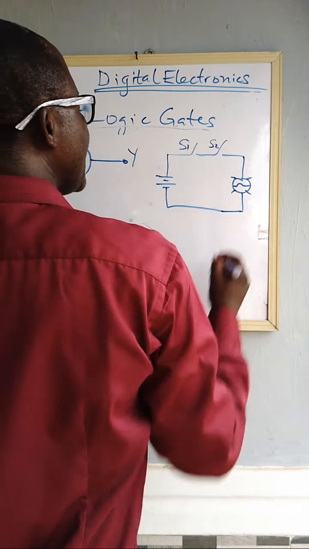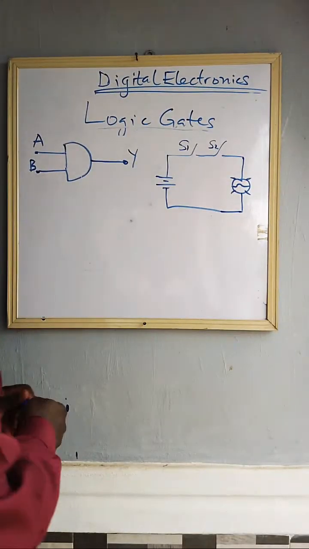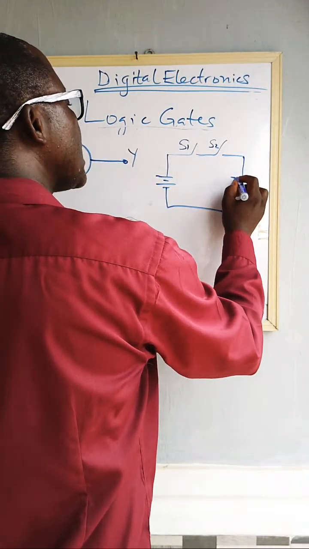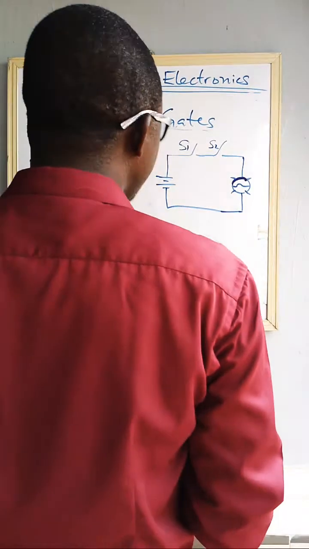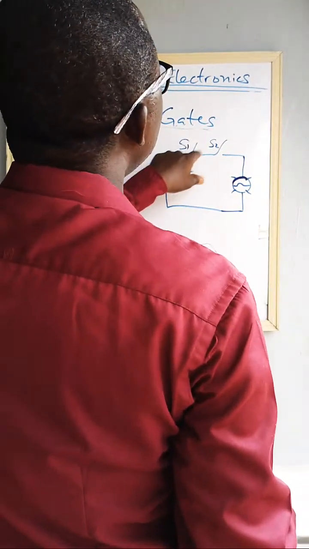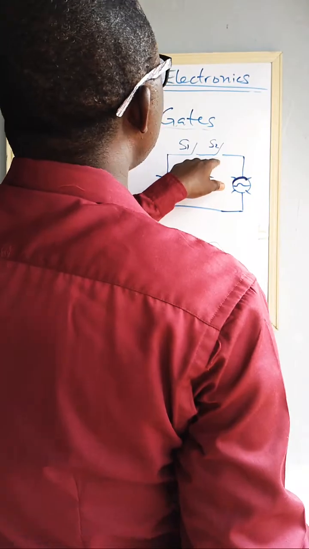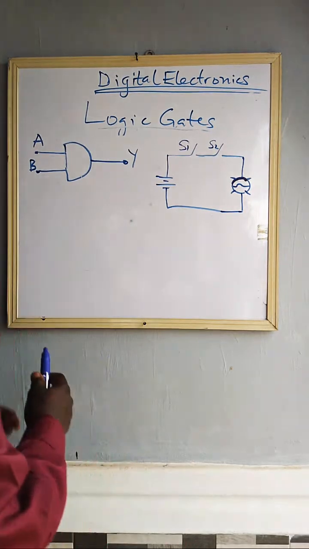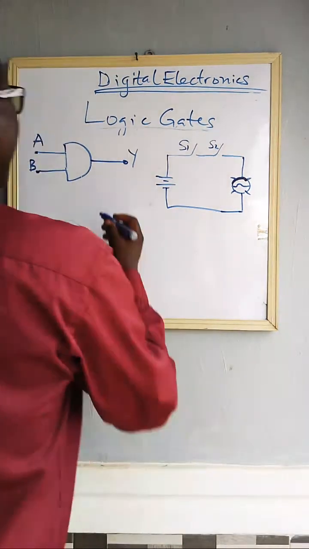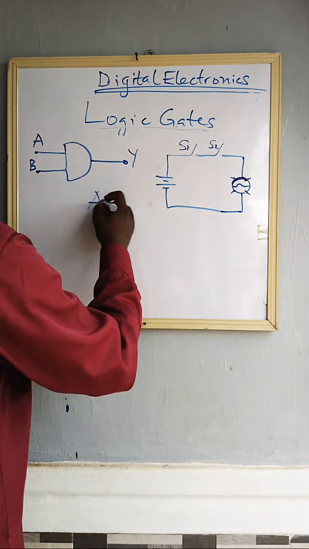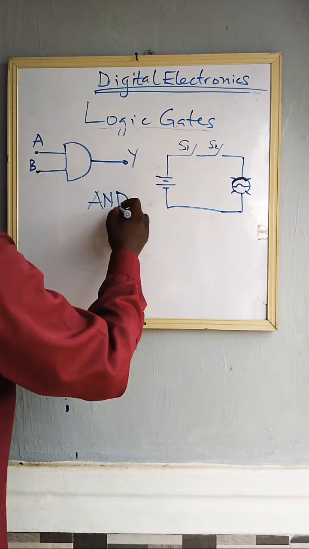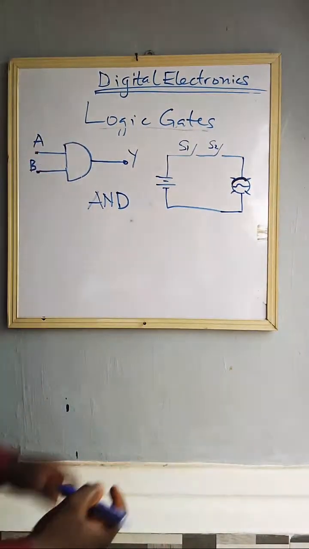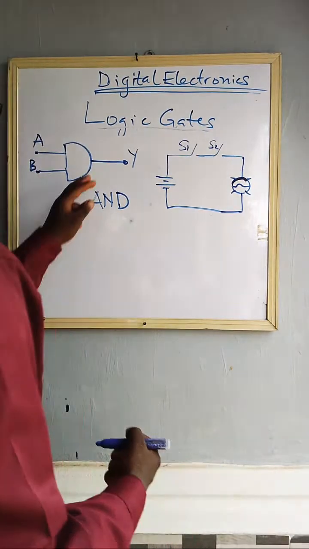Now you will realize that before this lamp can turn on, we will need switch S1 to be on and switch S2. So S1 and S2 must be on. Take note of the function AND: S1 and S2, for a 2 inputs AND gate, like this.